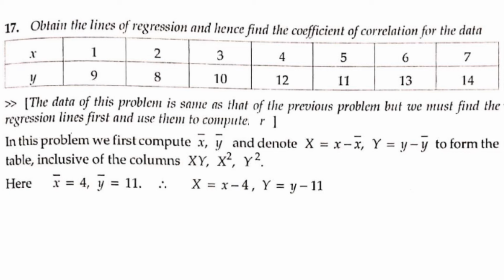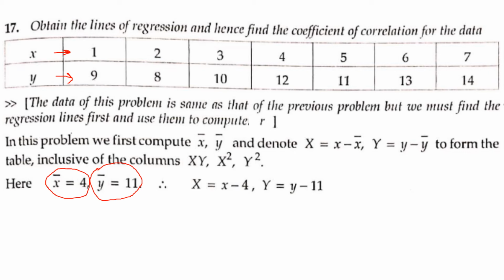If you find x bar, the value of x bar will be 4 and the value of y bar will be 11. We know how to find x bar, that is summation of x divided by number of observations, and y bar is summation of values of y divided by number of observations.